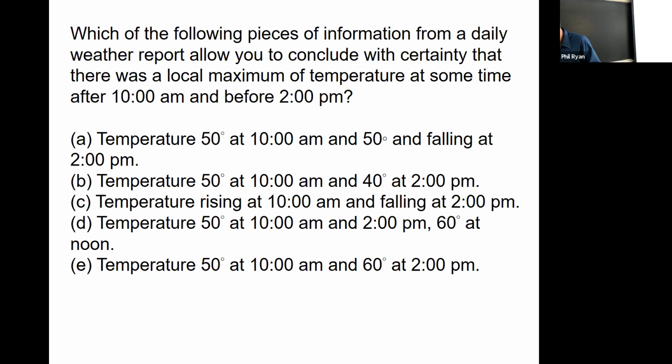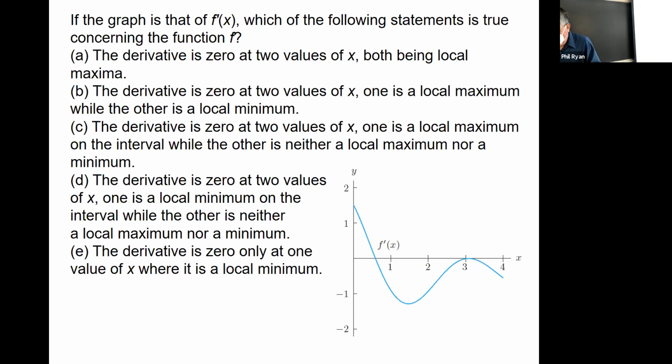Okay. Ellie, it's up to you now. What about this one? This is a graph of the derivative. So remember, it's a graph of the derivative. It's not a graph of the function.